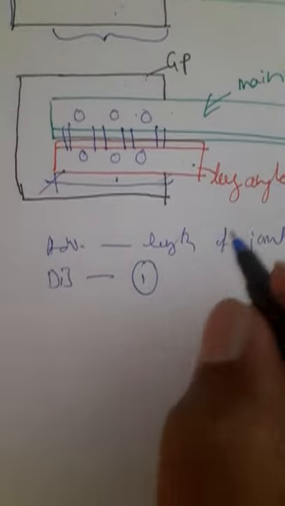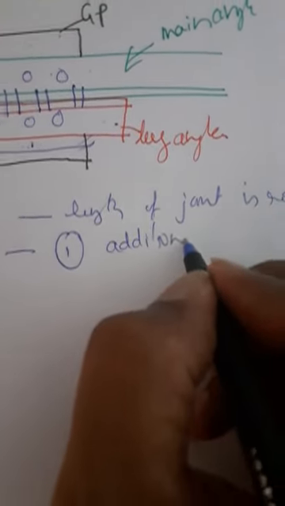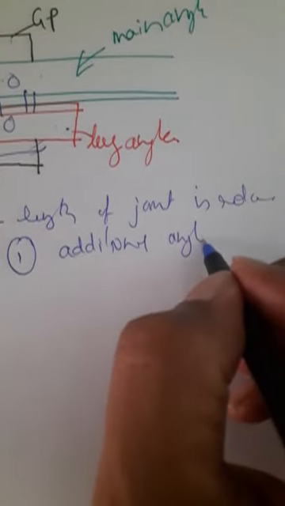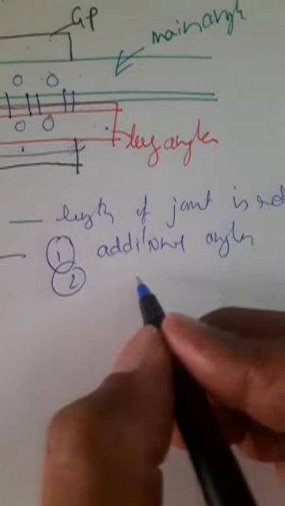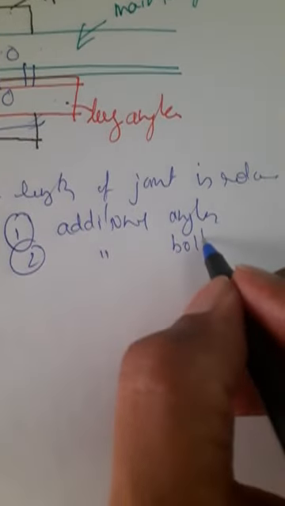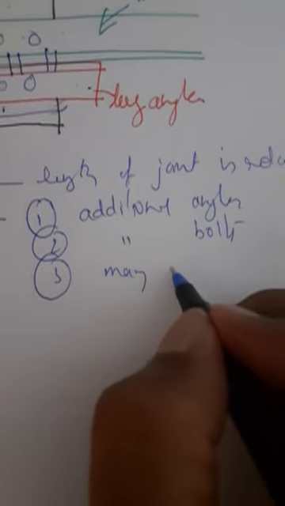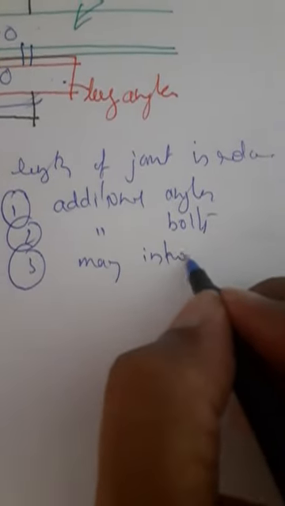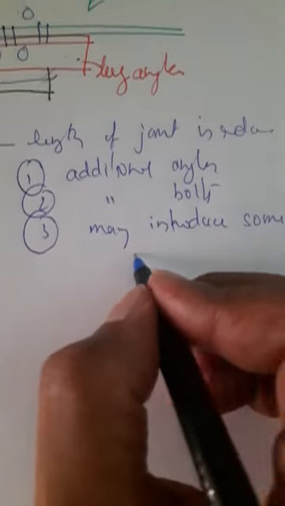So first disadvantage is it requires additional angles, so this increases the weight of the joint. Next, it requires additional bolts. Third, it may introduce some eccentricity.